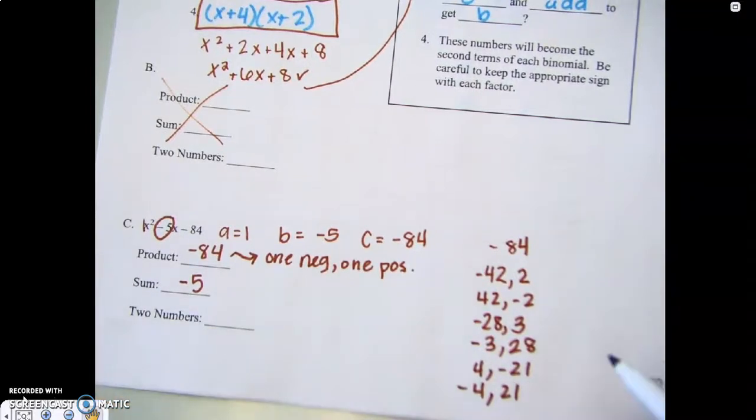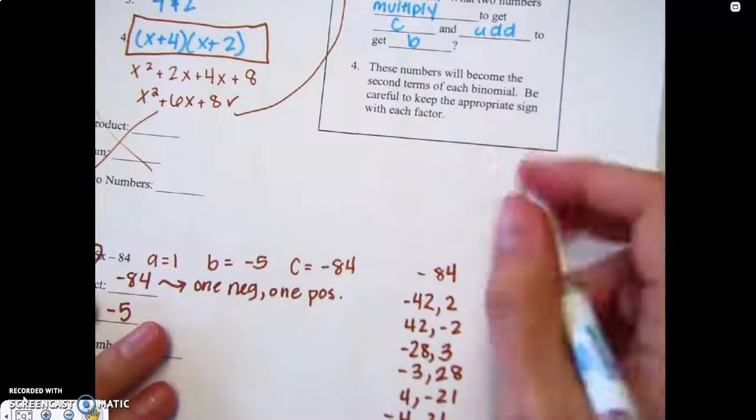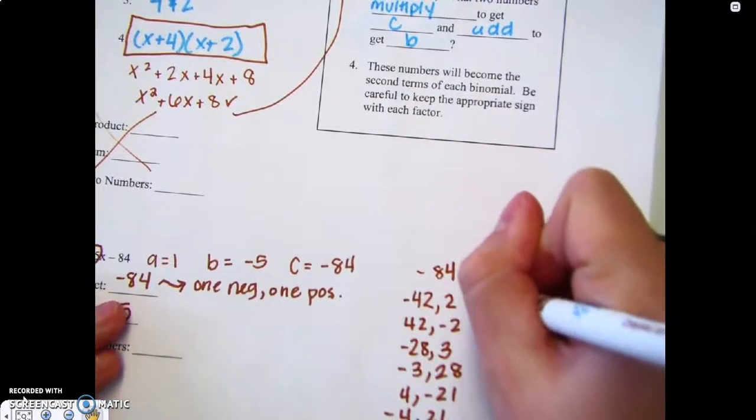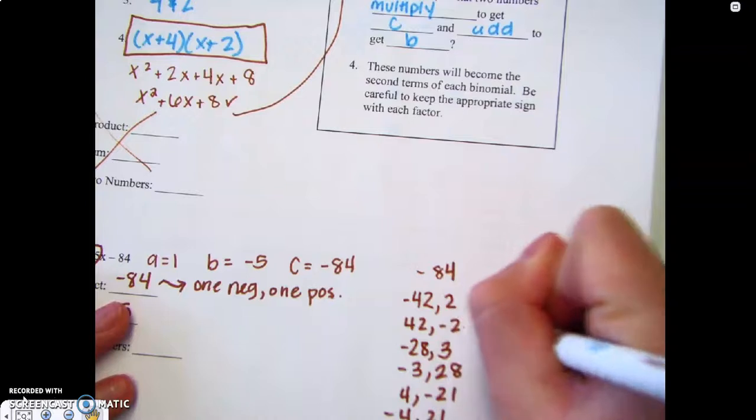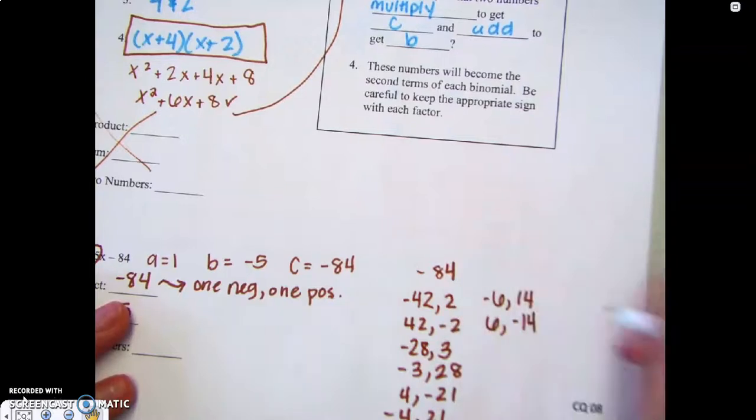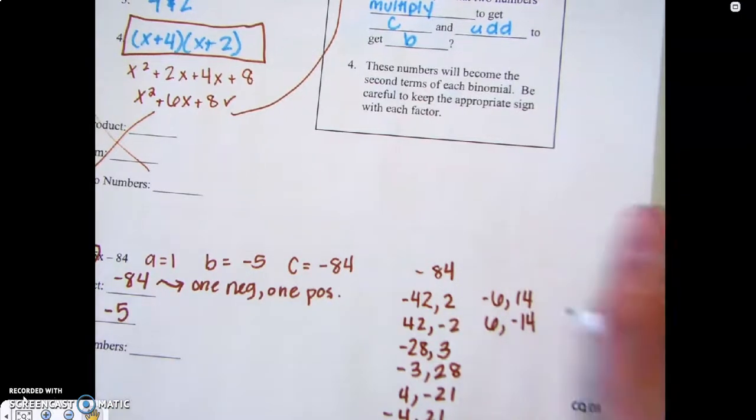Those don't add to be -5, so I'm going to keep going. 84 divided by 5 will be a decimal. 84 divided by 6 is 14. So I have 6 and 14 as factors, and one can be positive or one negative. Those will both get a negative product. Those don't add to be -5.